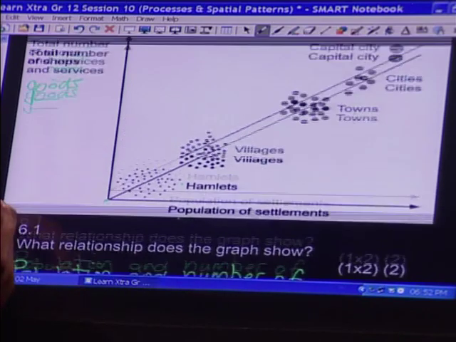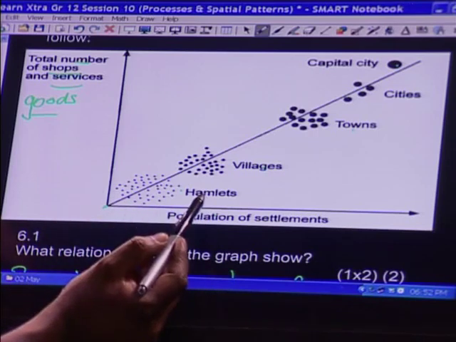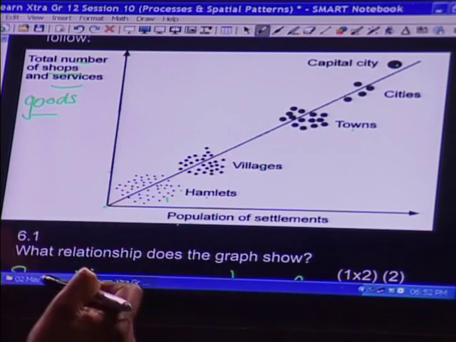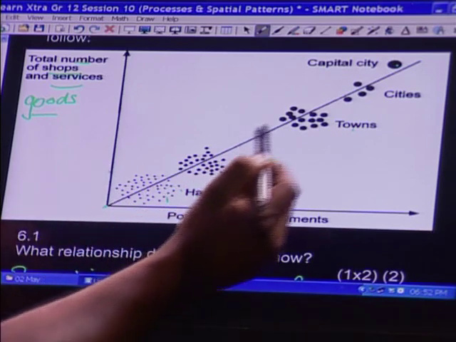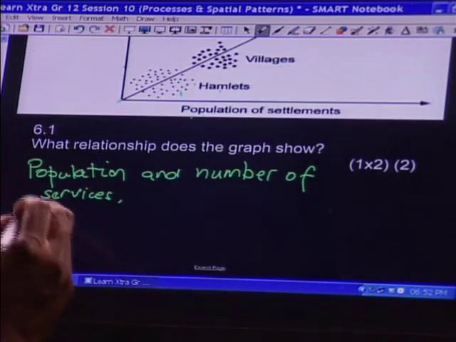We cannot leave this answer here as the examiners require you to show your understanding of how this relationship works. What is important is that when this relationship exists in a hamlet, there is a certain number of population to a certain number of services. As you move up, the relationship increases. How do we put that?